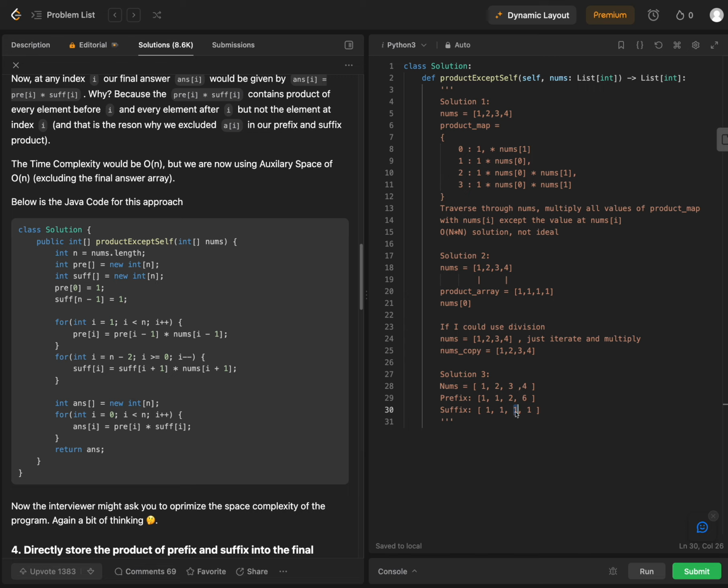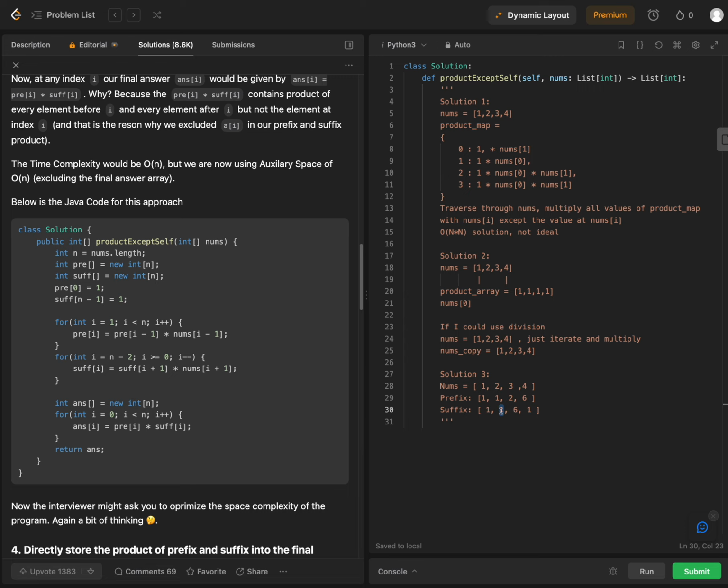Since you have 6 here, we move on to this value, which is essentially 6 times this.